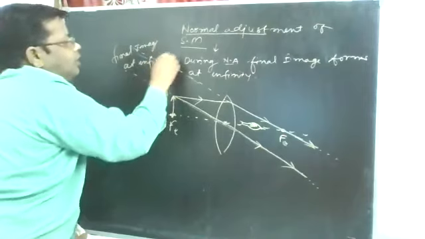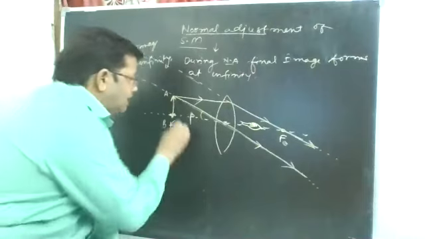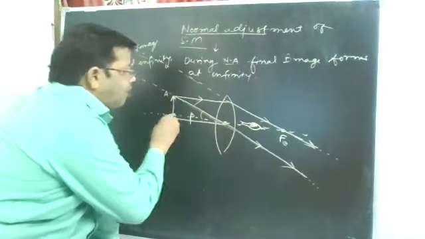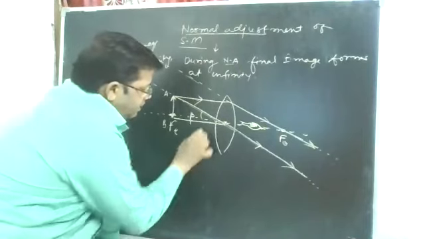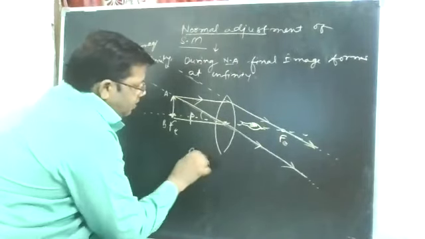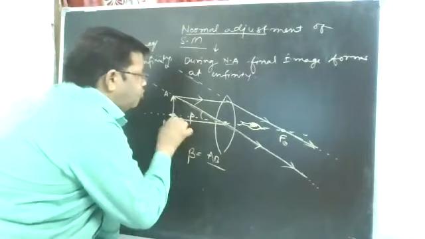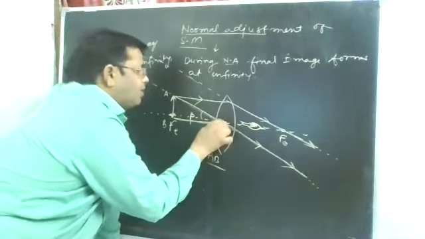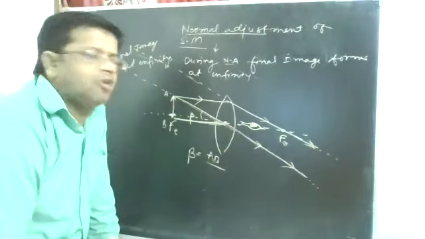Now see here, in this case, what is the angle of vision? Beta. And this length is what? Focal length of the eyepiece. Here the magnification beta will be AB by, we take this distance from the optical center. We are not taking the focal length, we are taking the distance of the object.